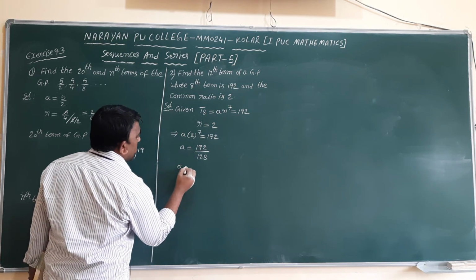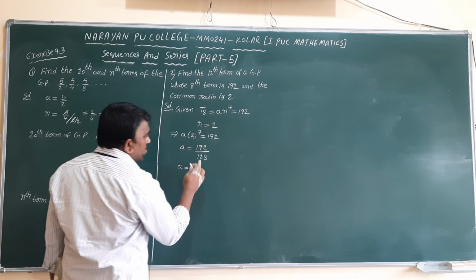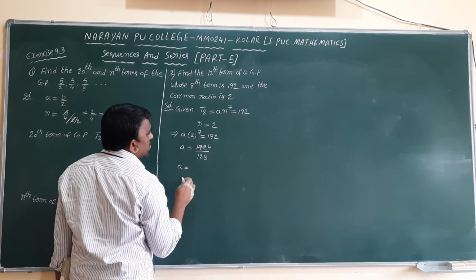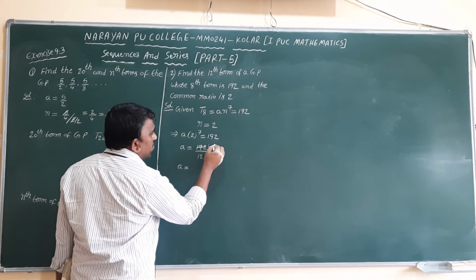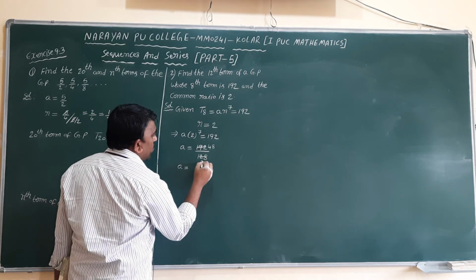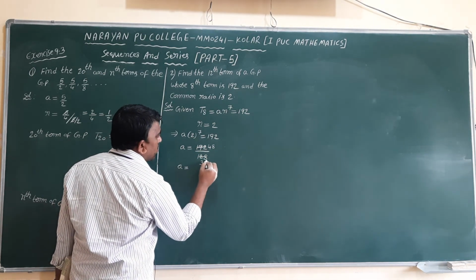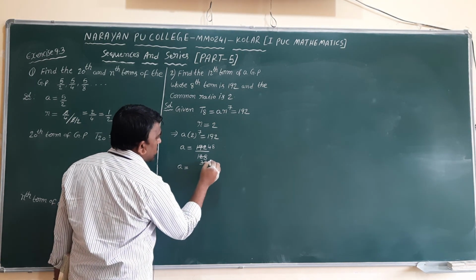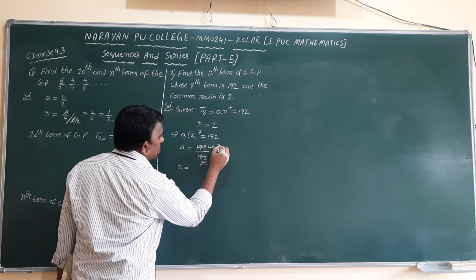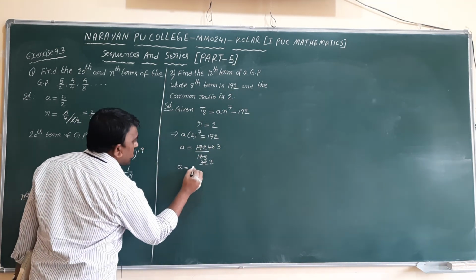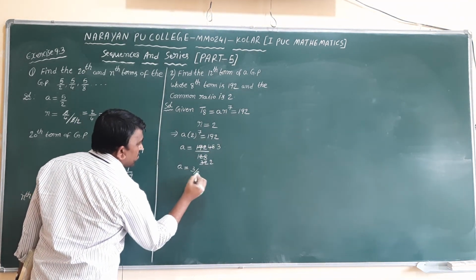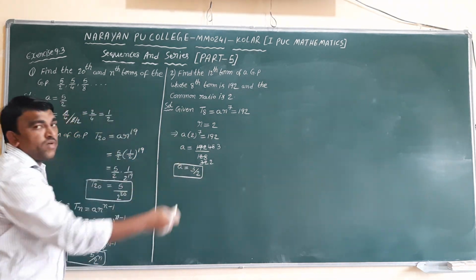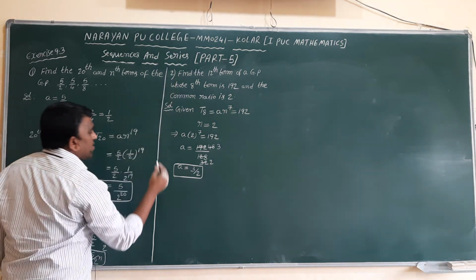So A equal to 192 by 128. 4 table, 4 4 16, 32, 4 8 4 3 12, 4 2. Next 16 table, 16 2 16, so A value is 3 by 2. First term we got, common ratio we have, so we can find the 12th term.